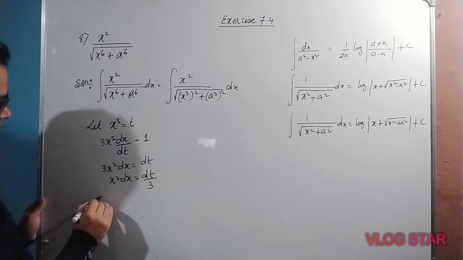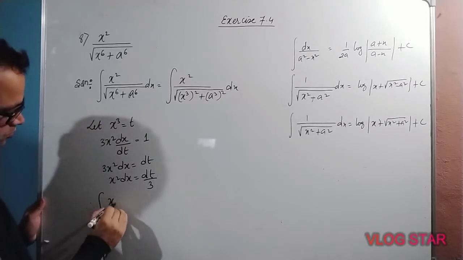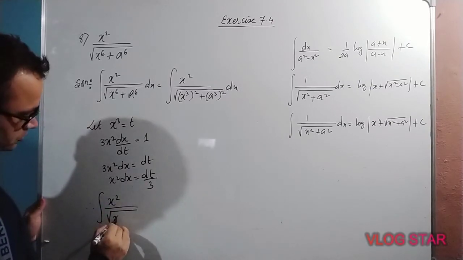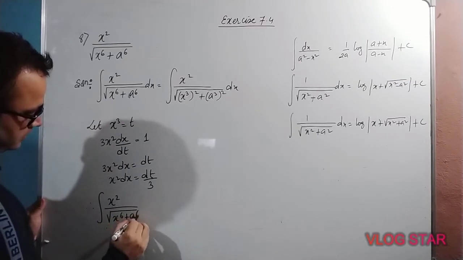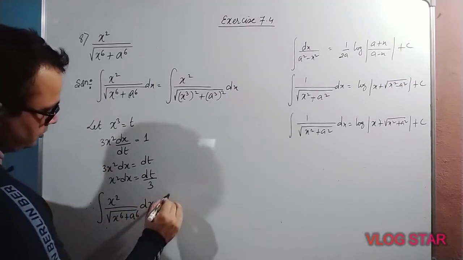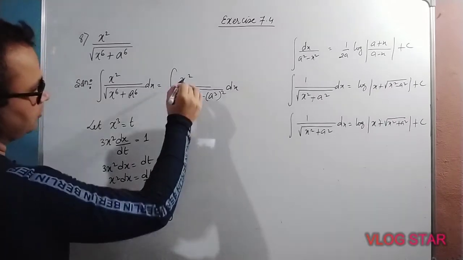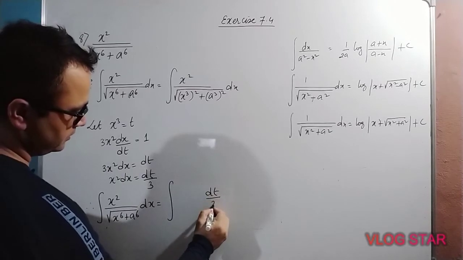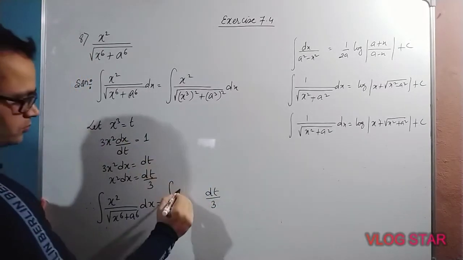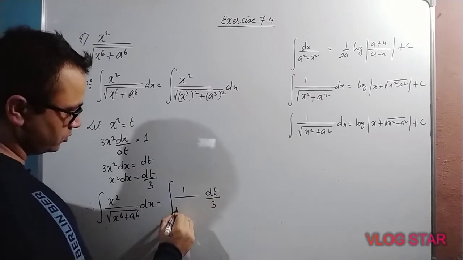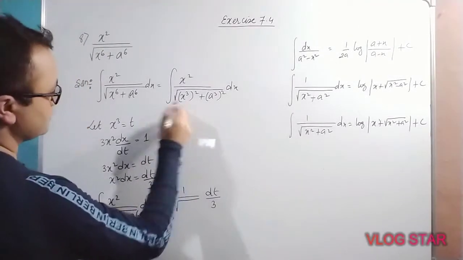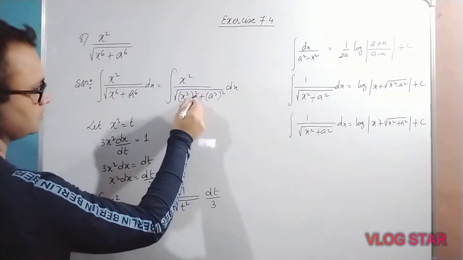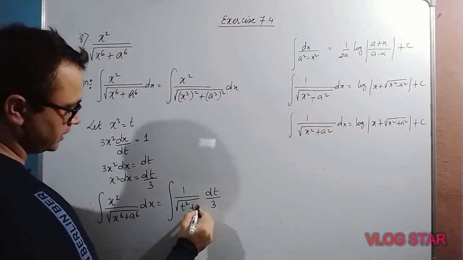Therefore, integration of x square by root over x to the power 6 plus a to the power 6 dx equals integration of dt by 3 times 1 by root over t square plus a cube whole square.